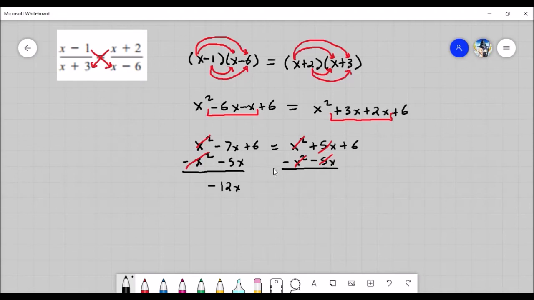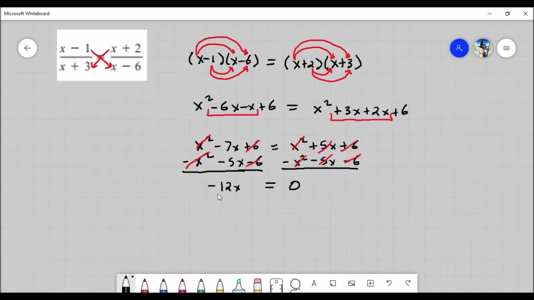And now I'm going to minus 6 over, and we see those completely cancel each other out. So I have a 0 on the right side of my equation.